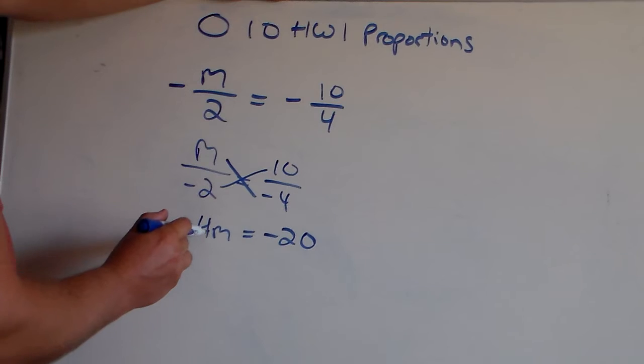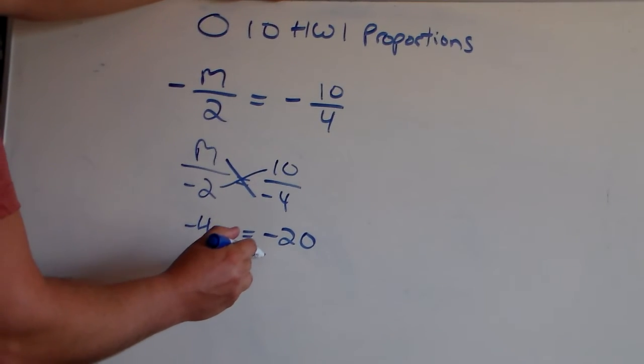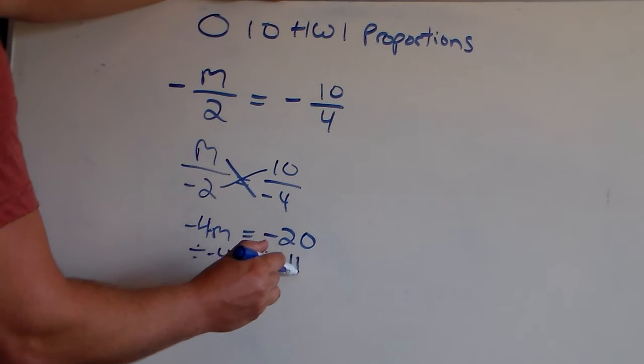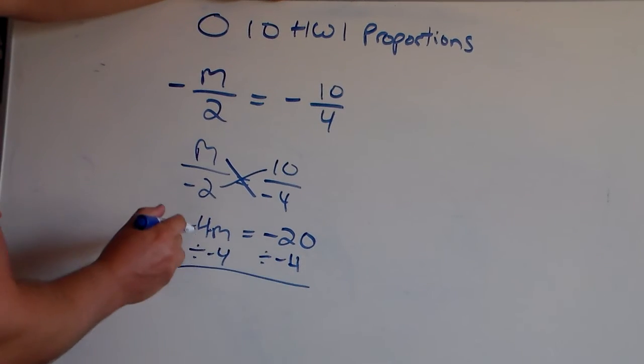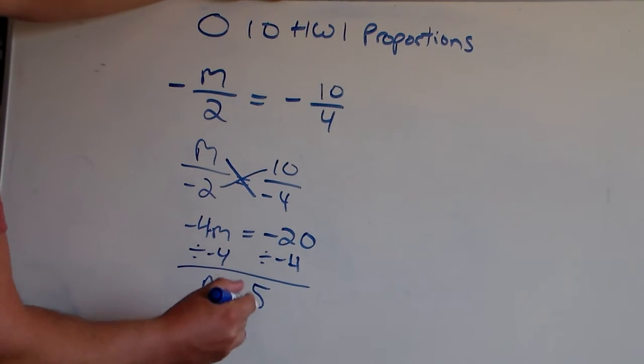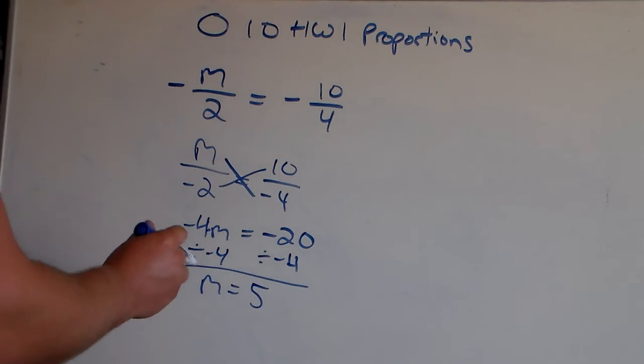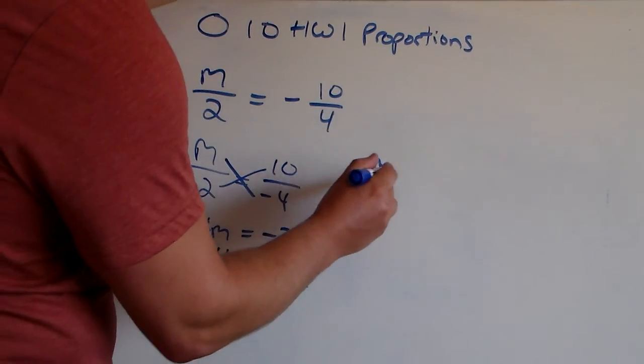Then what we do, since that's multiplication, the inverse operation is divide by negative 4. Negative 4 divided by negative 4 gets us 1. Negative 20 divided by negative 4 gets us positive 5. So our answer for number 4 is m equals 5, which is choice B.